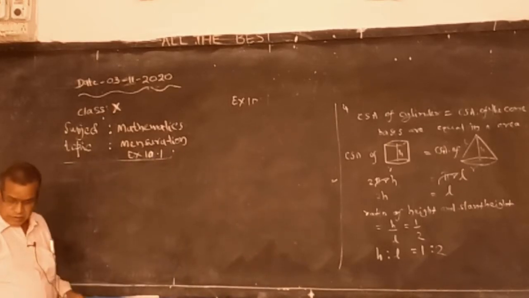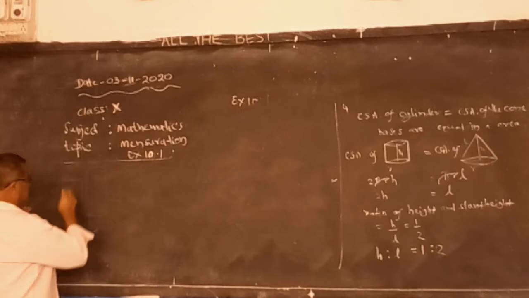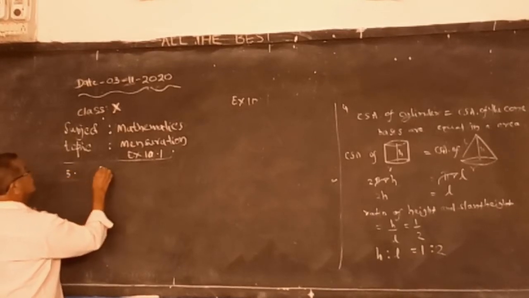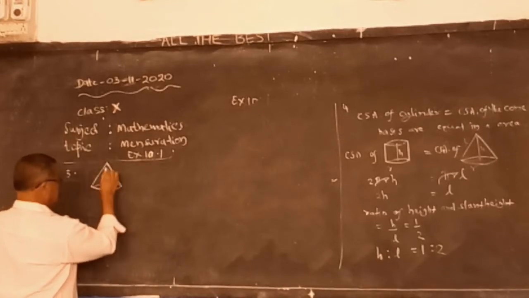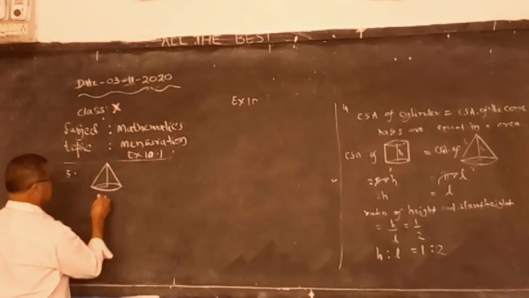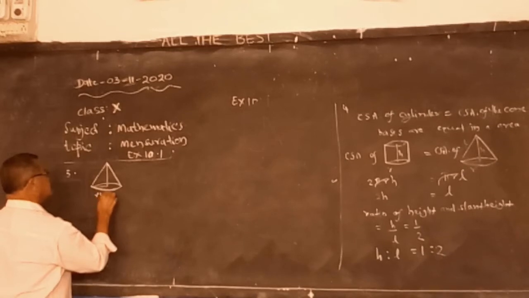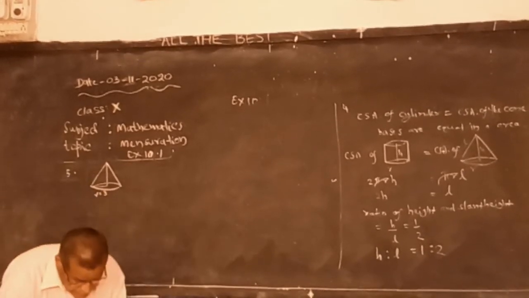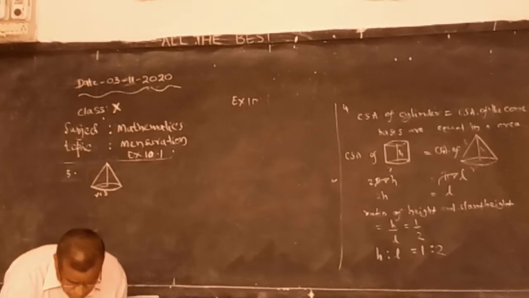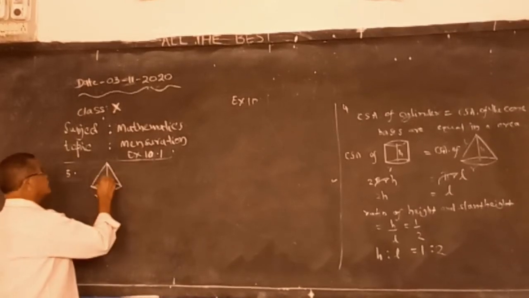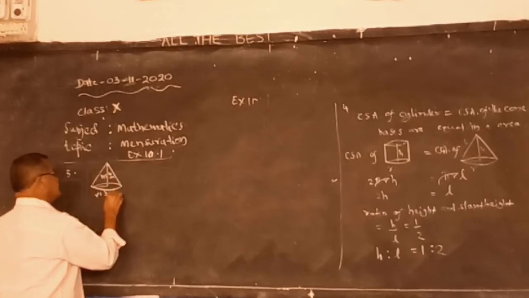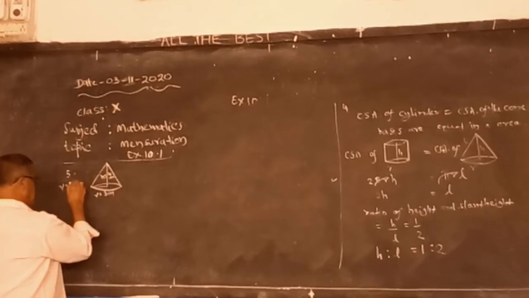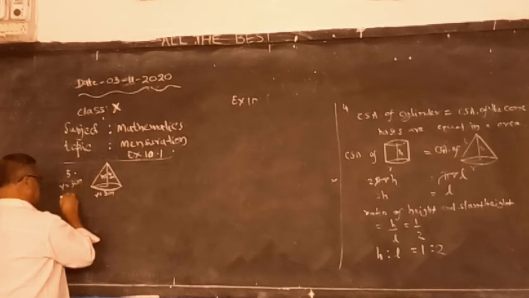Immediately draw the figure. Question number 5. Draw a cone. Each cone is a Joker's cap. Given radius is equal to 3, height 4. You also write in the box: R is equal to 3 centimeters, H is equal to 4 centimeters.